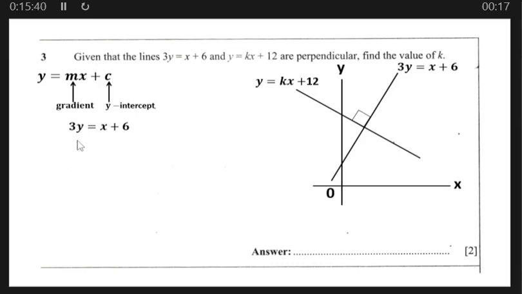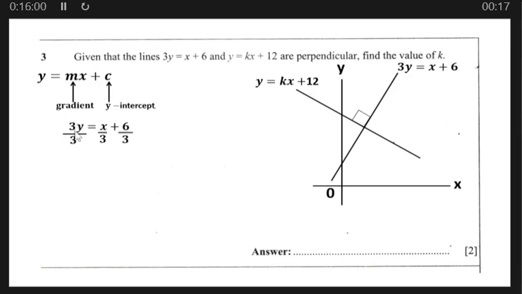So in order to get rid of 3, since we have multiplication, the opposite will be division. So we divide this by 3. Whatever we do on the left side of the equal sign, we also do on the right side. So we divide this by 3 and also this by 3.